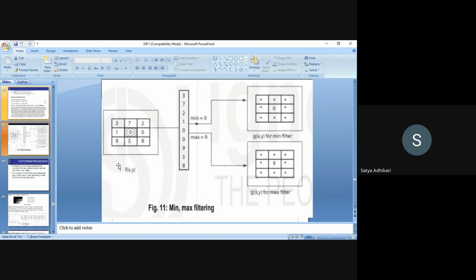So it will give a black color, and no white spot is there. Similarly, in the max filter, 0 will be replaced by 9. You know that 0 is a black color, and it will be replaced by 9, which is brighter, so the black spot will be eliminated, because 9 is not darker, 9 is brighter than 0.